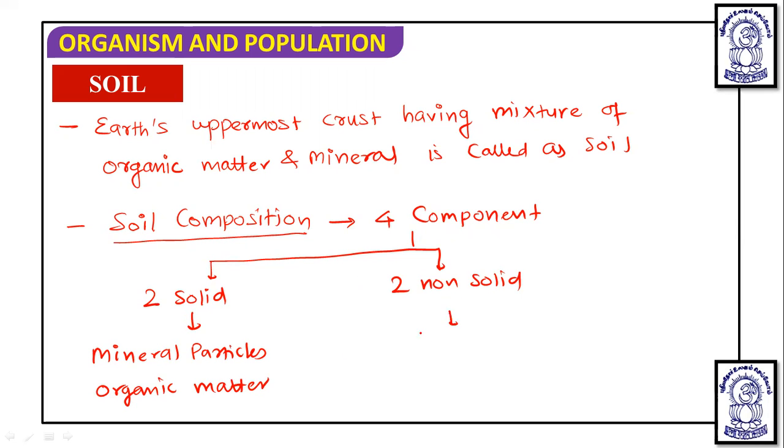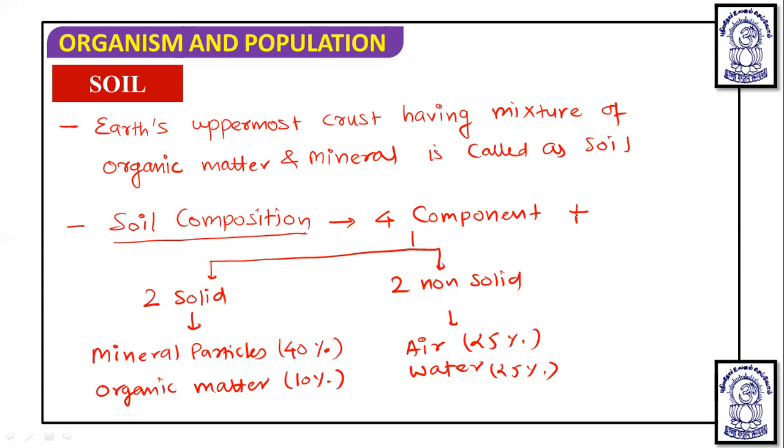But the two non-solid components are air and water. In the soil composition, mineral particles are 40%, organic matter is 10%, and air and water are 25% each. That is the contribution of these four components in the soil.